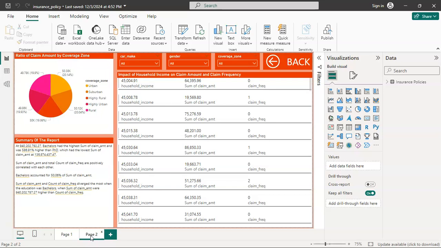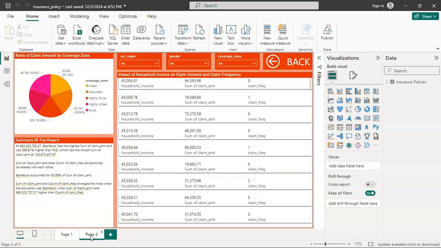This is the pie chart that shows us the coverage zone and the claim amount there. So we'll be able to denote the highest claim amount we have per coverage zone and the lowest claim amount we have per coverage zone.